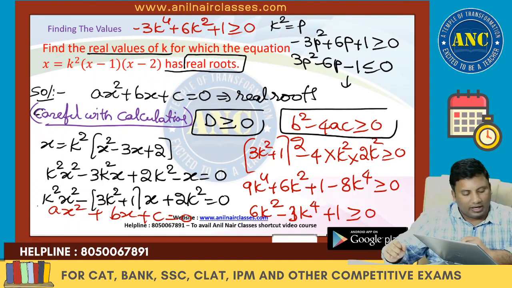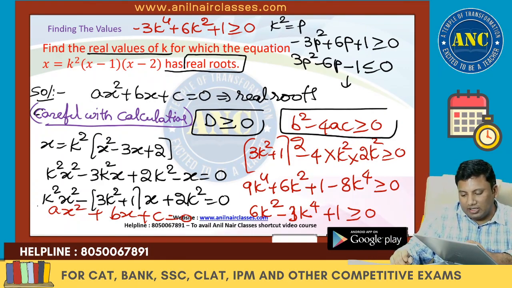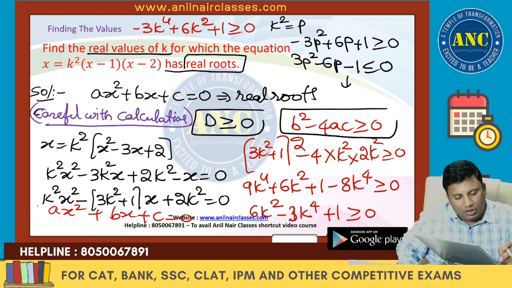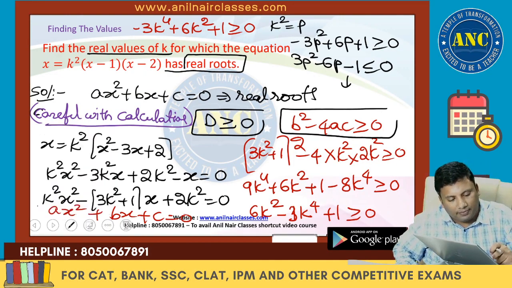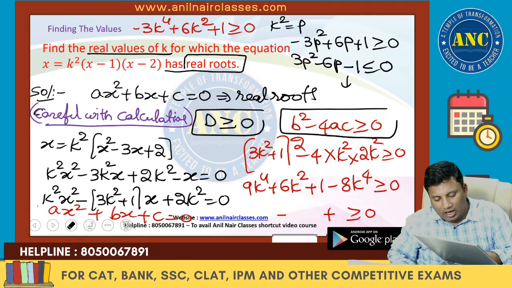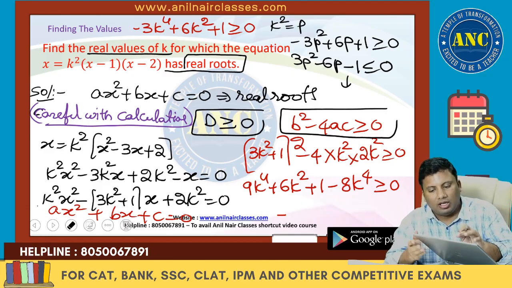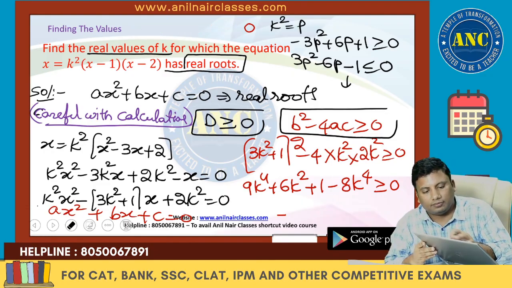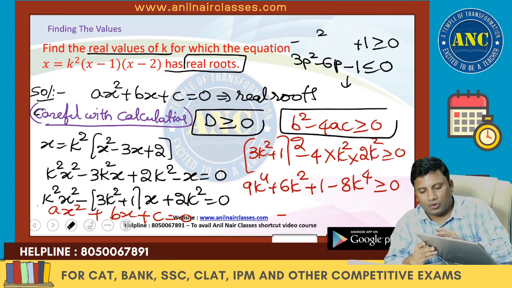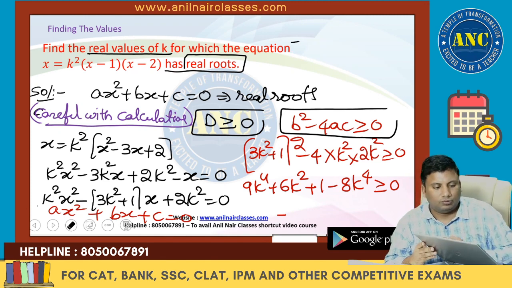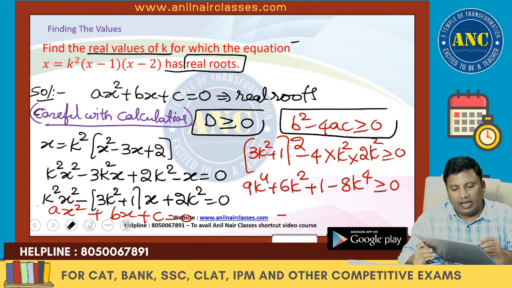Now, one minute, sir. Priya is saying some value. Let us see where it went wrong. I think in the last step it went wrong. ax square plus bx plus c equivalent to 0 has a real root.